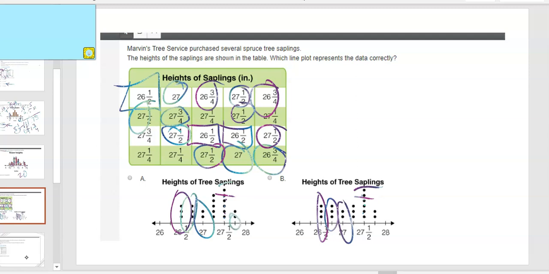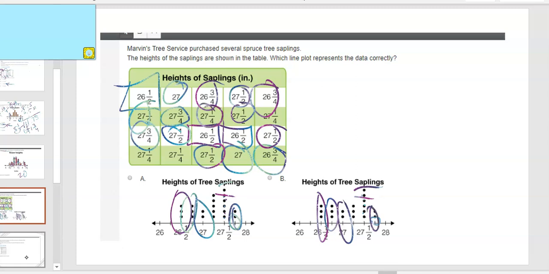Did I miss another one? Well, that's 1. Oh, there's 3. Okay, so that one's done.